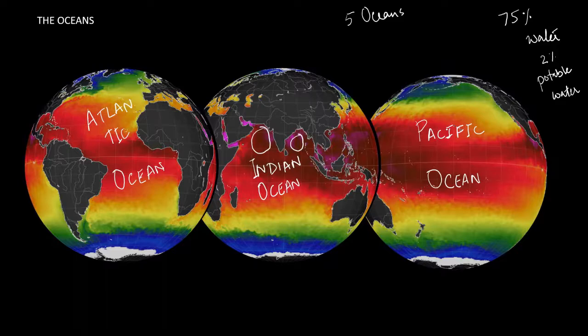In all these three diagrams, you can see a portion over here in the southernmost margin, which separates Antarctica from the rest of the continents. This portion, marked by the blue color that marks the temperature over here, is called the Southern Ocean.